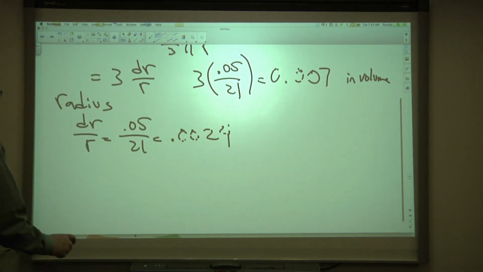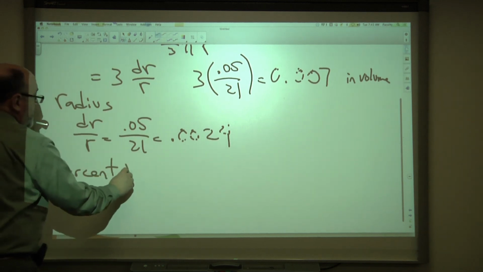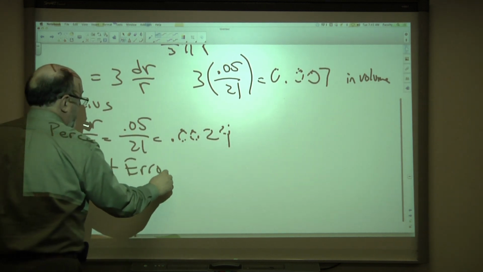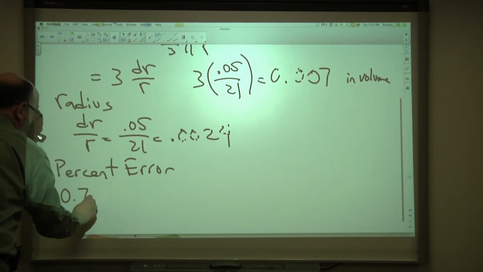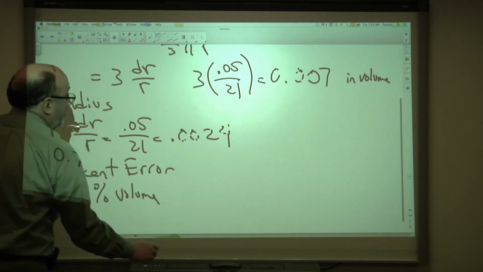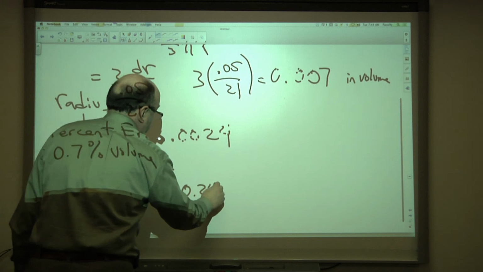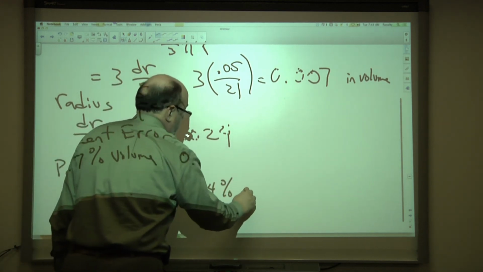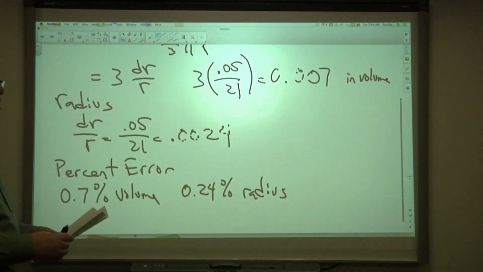And then if I wanted to change those to percent error, for my volume, this would be 0.7%. And for the radius, this would be 0.24%. That's all I got to do is just move it over 2 places. Right? And so we have in terms of those. And with that, that will conclude this lesson.